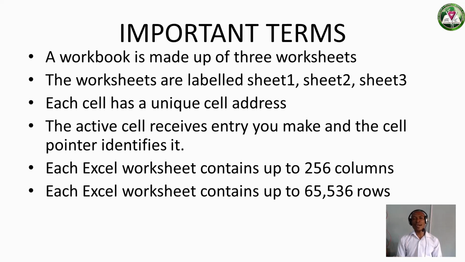So if you want to make an entry in cell A1 and cell C10 is highlighted, the moment you press anything on the keyboard, it will be entered in C10 instead of the A1 you have in mind. So when you are trying to make entries, you should be conscious of the position of the pointer.